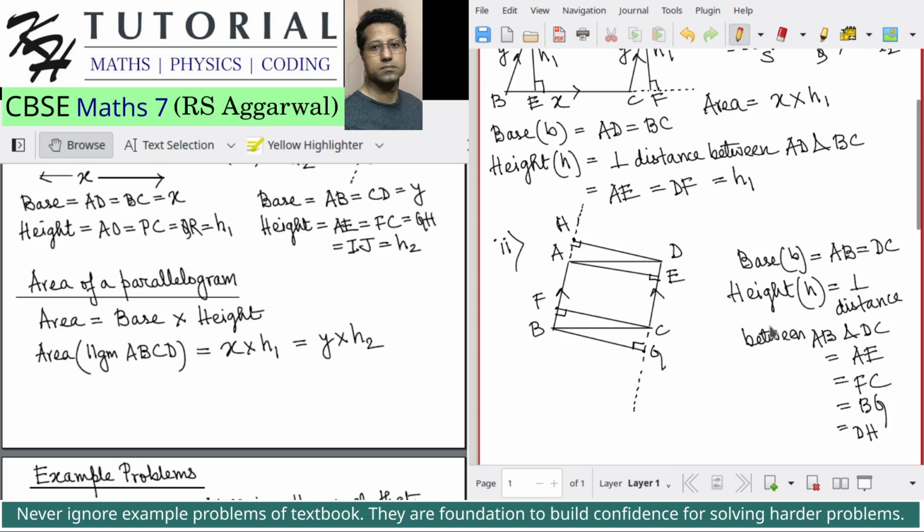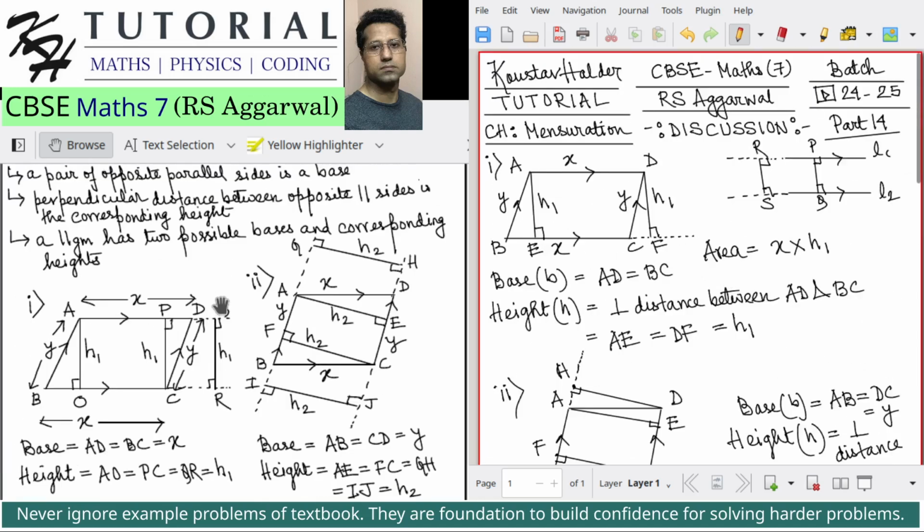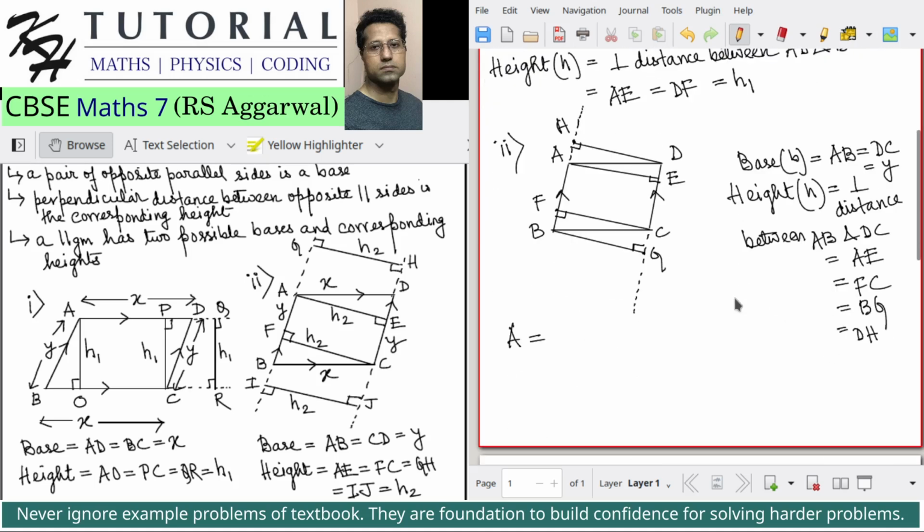Okay, and for figure 2, the area will be equal to the base multiplied by the height. In this figure 2, the base we are considering is the pair of opposite parallel sides AB and DC, which are equal to y, as per the dimensions given in the diagram on the left-hand side.